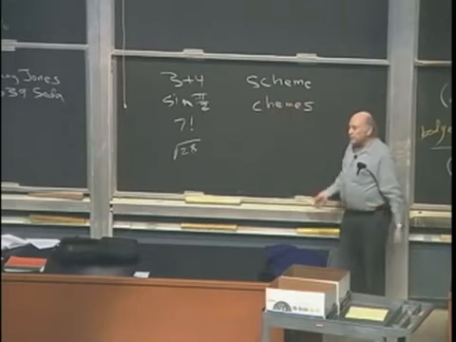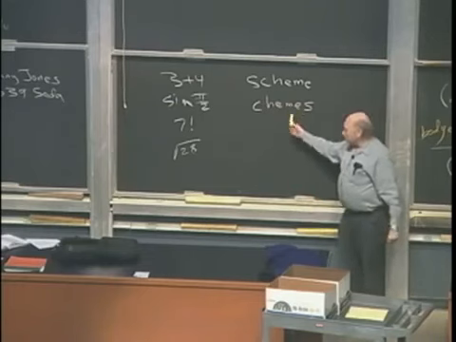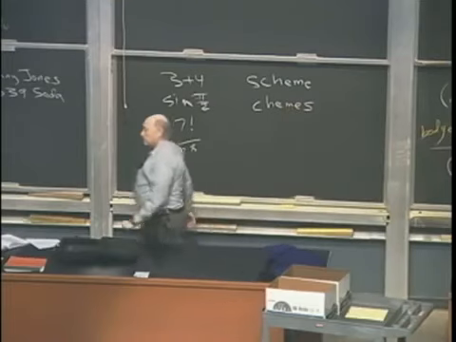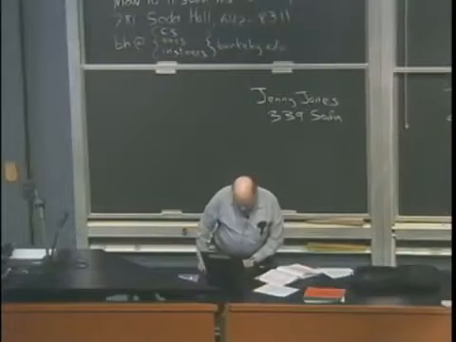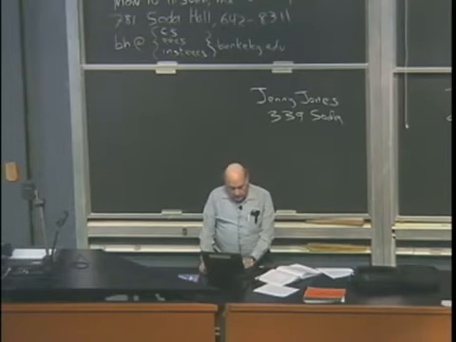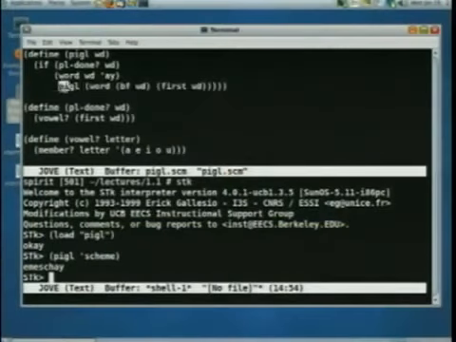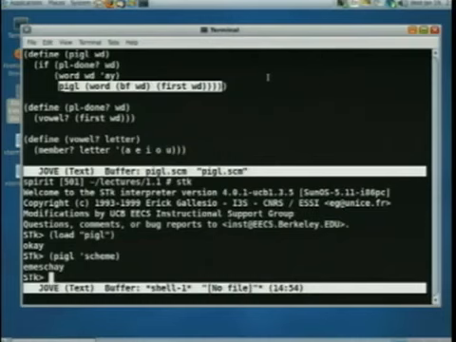But that's not the answer I want. So what I do is I ask for Pig Latin of that. So the entire expression here is pigl, word, but first of word, first of word. And that will compute Pig Latin of chemes-s, which will compute Pig Latin of hemes-sc, which will compute Pig Latin of emes-sch, which will say, aha, now it starts with a vowel. I'll stick AY at the end.